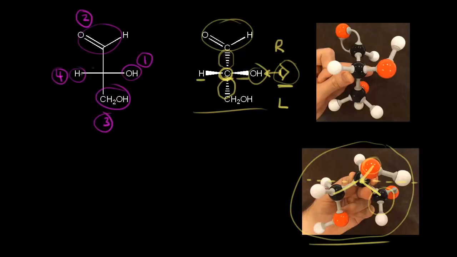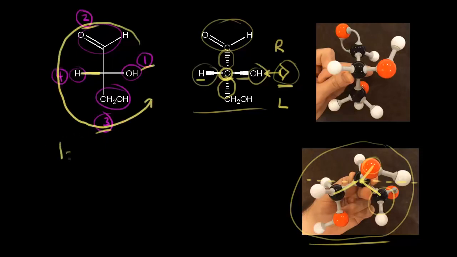We know that because this horizontal line here in a Fischer projection means a wedge. So just ignore the hydrogen, look at 1, 2, and 3, and 1 to 2 to 3 is going around in this direction, which we know is counterclockwise. So it looks like it's S. So it looks like it's S for this chiral center.